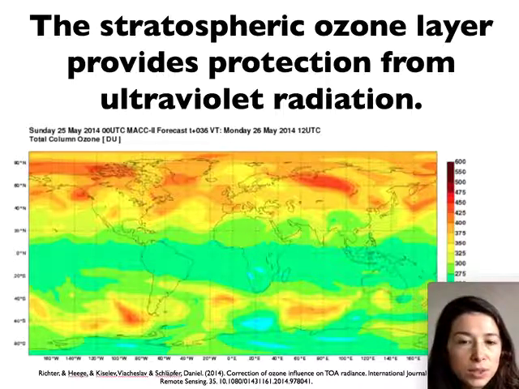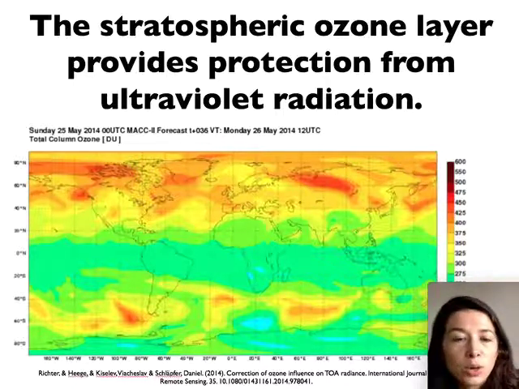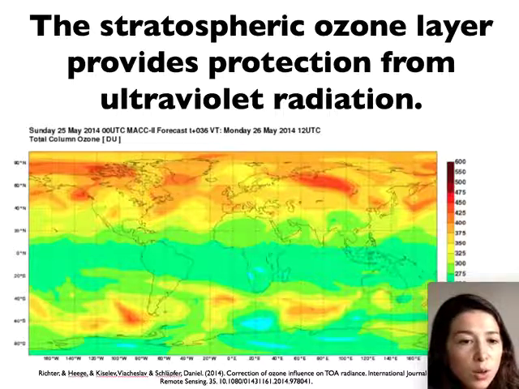So you can see that there's more ozone at the higher latitudes, and a little bit at the lower latitudes. So this is a map showing you where ozone is distributed over our planet.